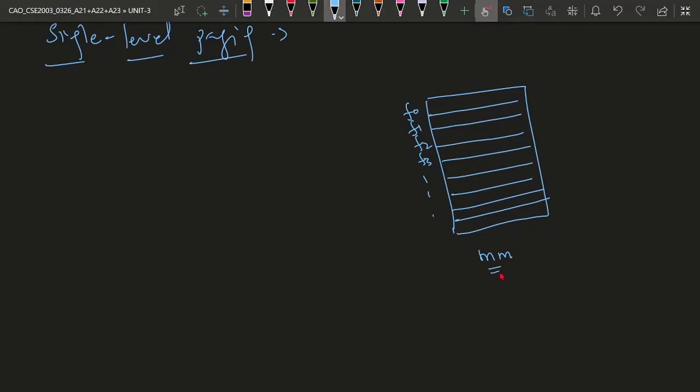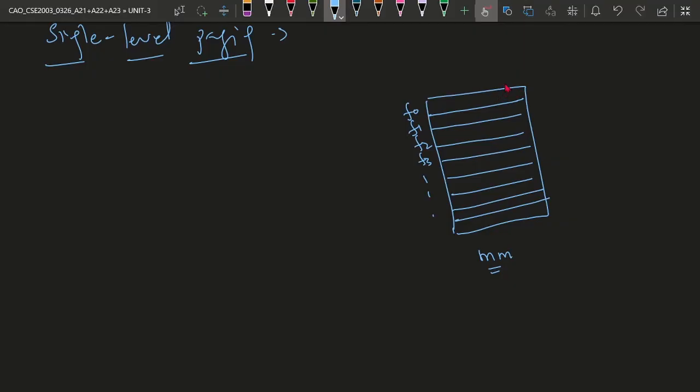Each frame will be storing certain bytes, or we can call it certain words. Like in the previous mapping case, we have seen the main memory is divided into different blocks, and each block stores different words.